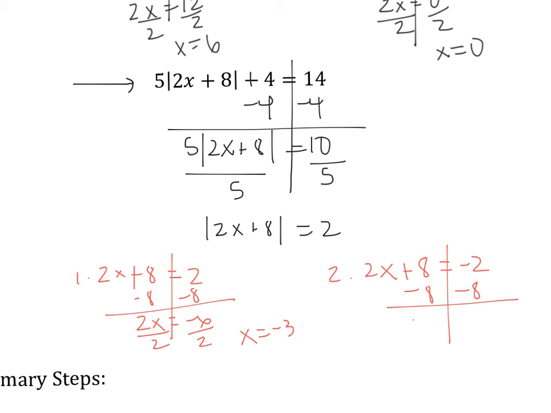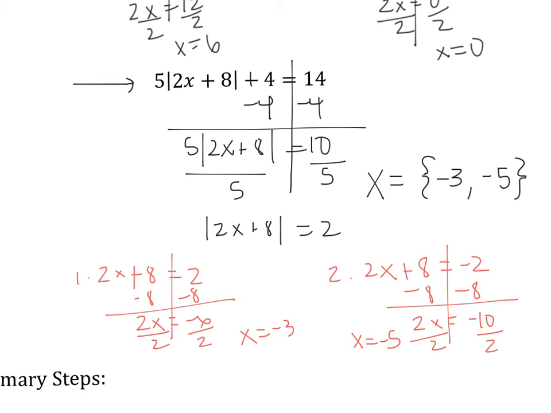Then I'll subtract 8 over here, and 2x equals negative 10, so x equals negative 5 for the second equation. So my two solutions are x equals negative 3 and negative 5.